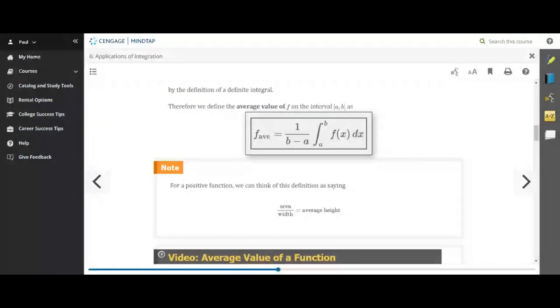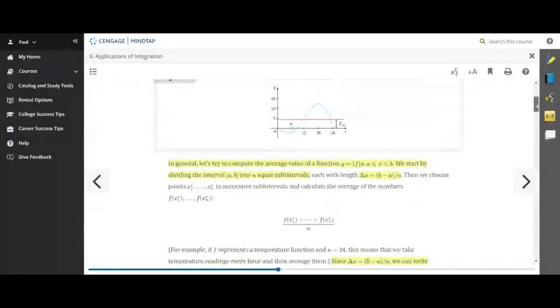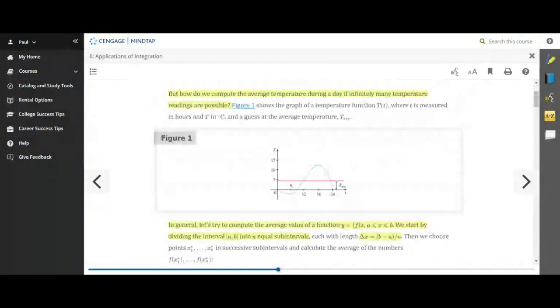So now we've discovered that the average value of the function equals 1 divided by b minus a times the integral from a to b of f of x dx. You notice in figure 1, where we have the temperature function, they draw a red horizontal line that says temperature average.